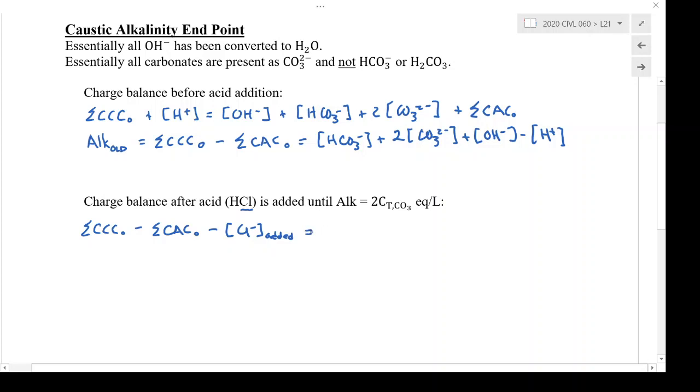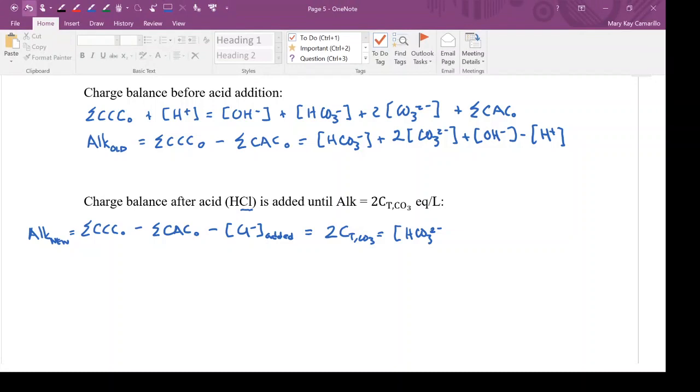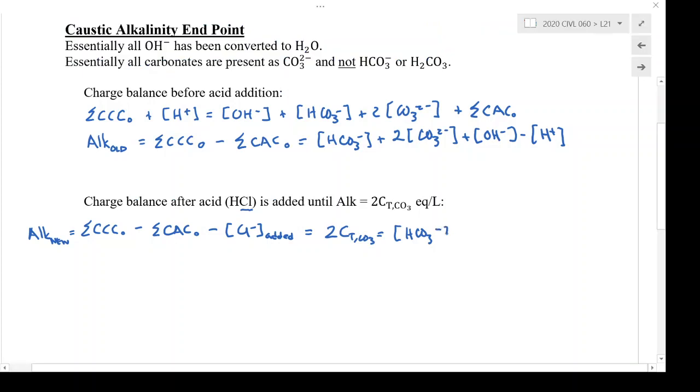And so this new alkalinity, I can call it alk new, after the addition of acid, is going to be equal to 2 CtCO3. And I still have the same alkalinity expression. Bicarbonate only gets one charge.